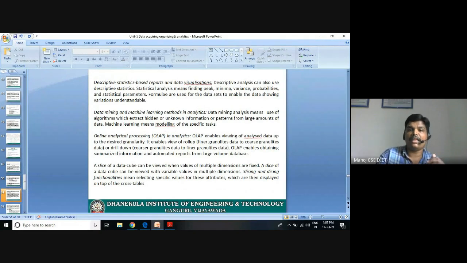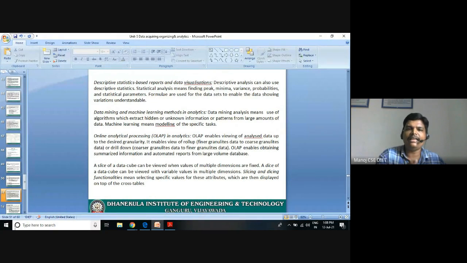These reports can also be used for statistical analysis, finding the peak, minima, variance, probability, and other statistical parameters. Some formulae are used on these data sets to do analysis, or to show variations which are understandable by our users.